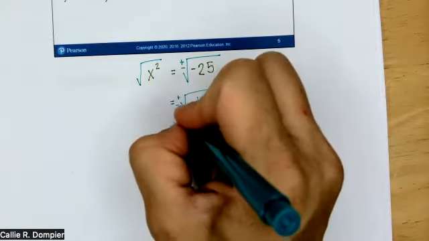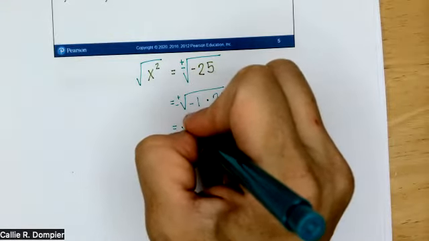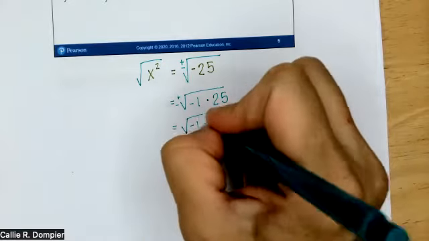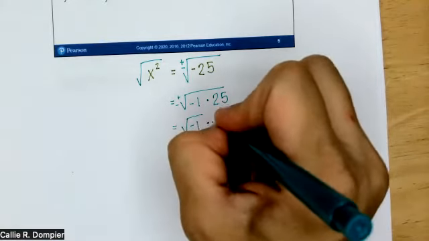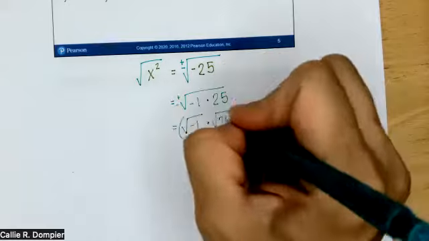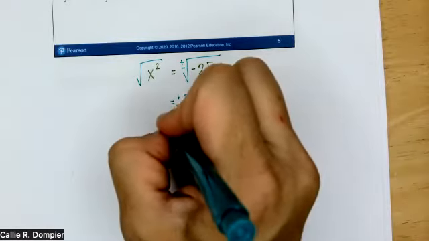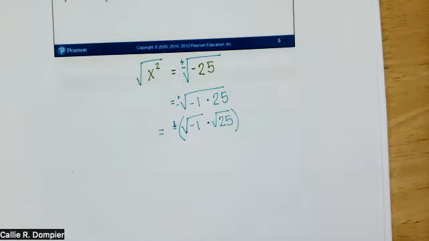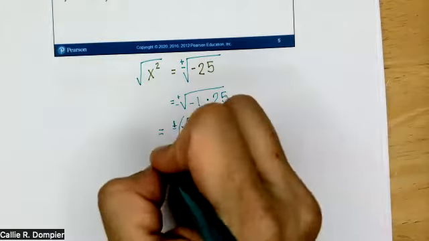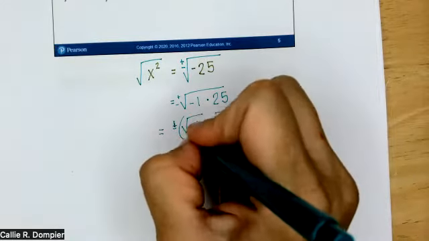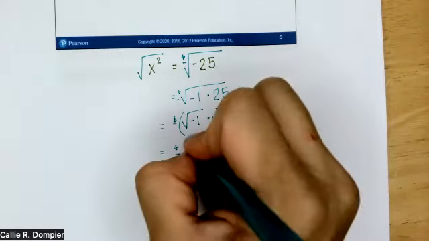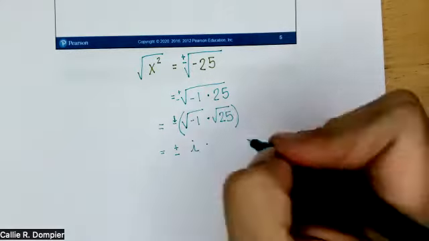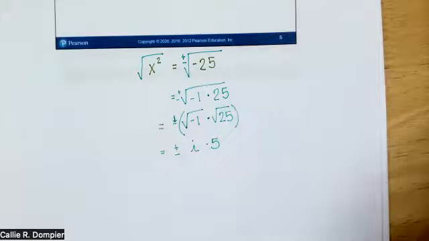So rewriting it, it would be the square root of -1 times the square root of 25, and then I'm taking the positive and negative value of both of those. Then I translate that: the square root of -1 is i, and the square root of 25 is 5. I'm going to flip those around.